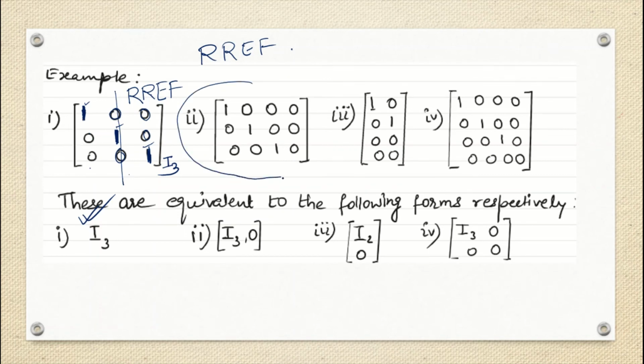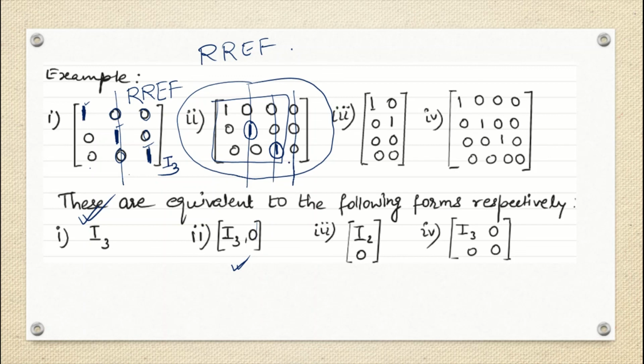Fine. What about this matrix? In any column, we have just one non-zero element, and that non-zero element is 1. Similarly, here also we have just one non-zero element, that is 1. All other elements are 0. And here we don't have any non-zero element, all are 0. So this is again one of those normal forms. Till here, this is your I3, then [I3 0]. This 0 means that after I3, all other columns are zeros.